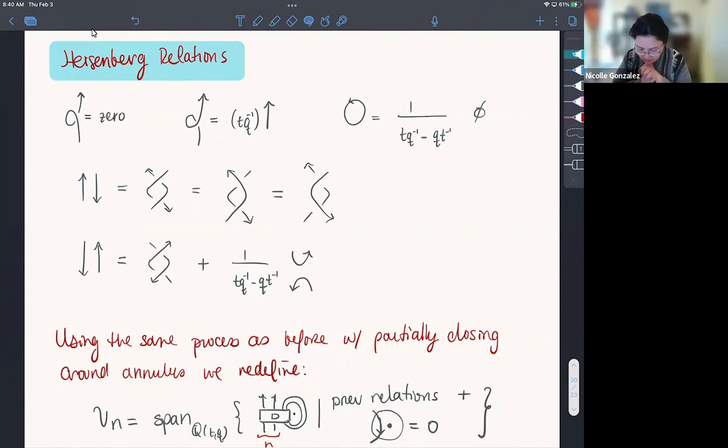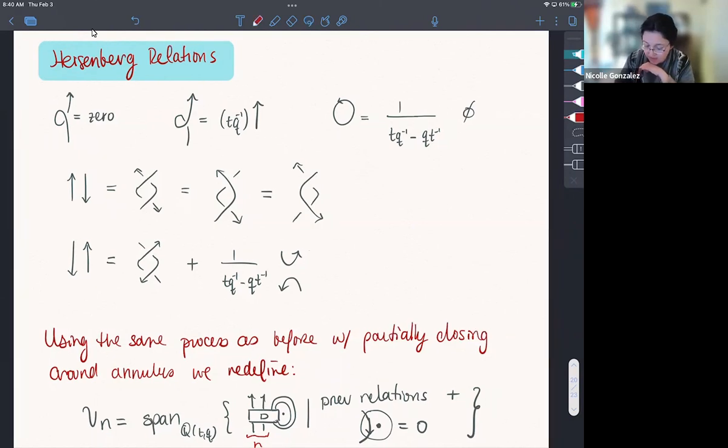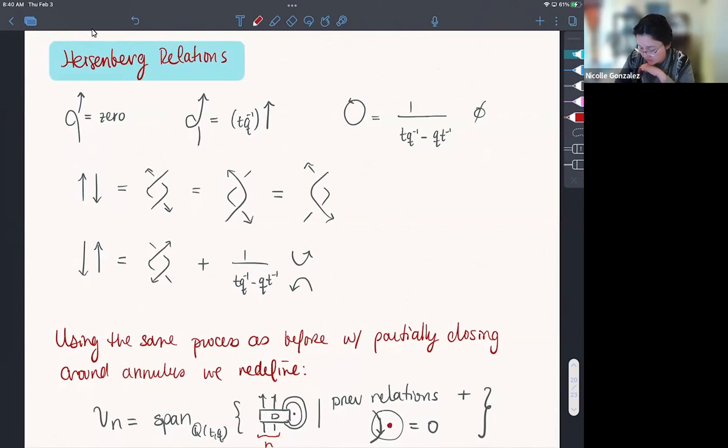And so that allows us to think of Vn as, again, the span of these more general diagrams where you have locally downward pointing arrows, modulo all these relations, Heisenberg again, and braid relations, with the additional relation that if you ever have a downward pointing strand near the puncture, right? So if we think of this as the puncture and this is just a downward pointing strand, then that's automatically going to be 0. So you can't have downward pointing strands immediately in the vicinity of the puncture.